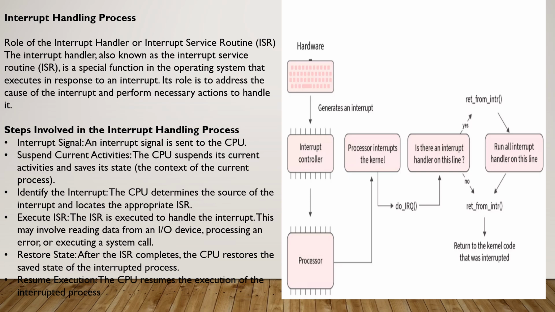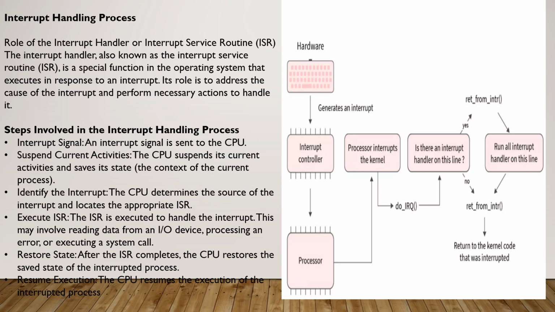In this picture, we can clearly see the interrupt handling. The hardware raises an interrupt. The interrupt controller goes to the processor, which then passes the interrupt to the kernel. Is there an interrupt handler on this line?